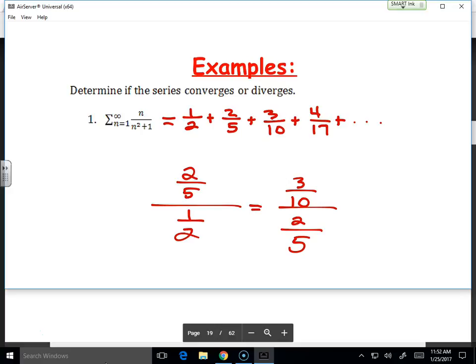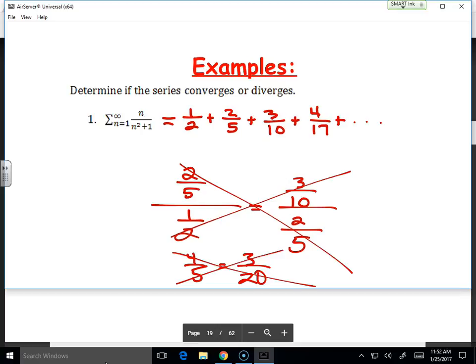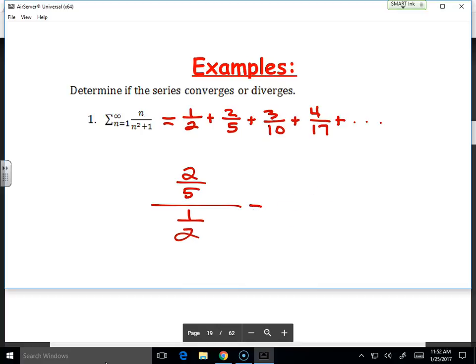Question, are these equal? No. Because those would multiply to be 4/5. These would multiply to be 3/20. Is that the same? No. So what does that all prove? There's no common ratio there. It is not a geometric series.